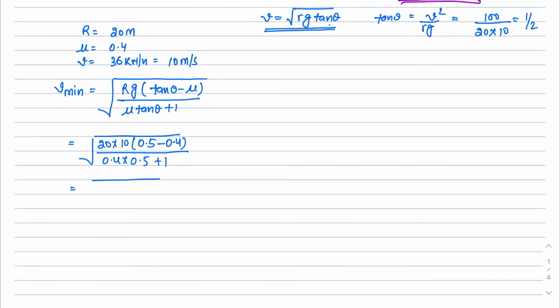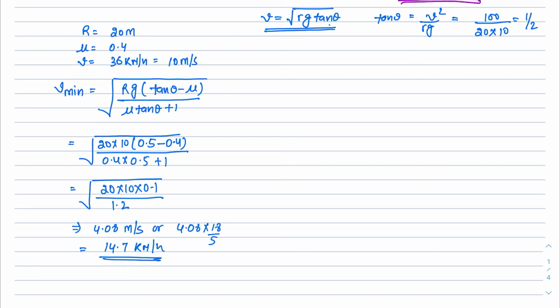Further, this will become under the root 20 into 10 into 0.1 upon this will become 1.2. So further, this is going to be 4.08 meter per second, or we can say 4.08 into 18 by 5. So this will become 14.7 kilometer per hour.